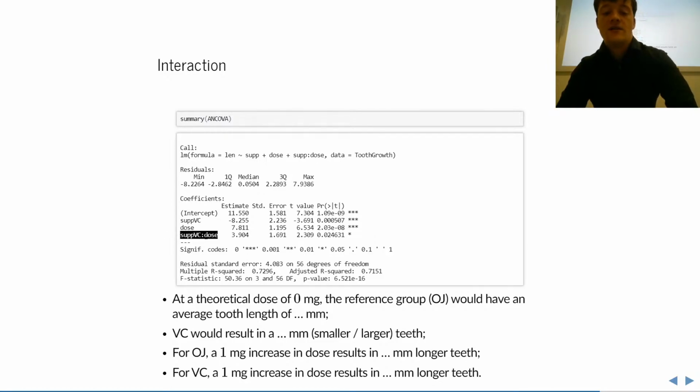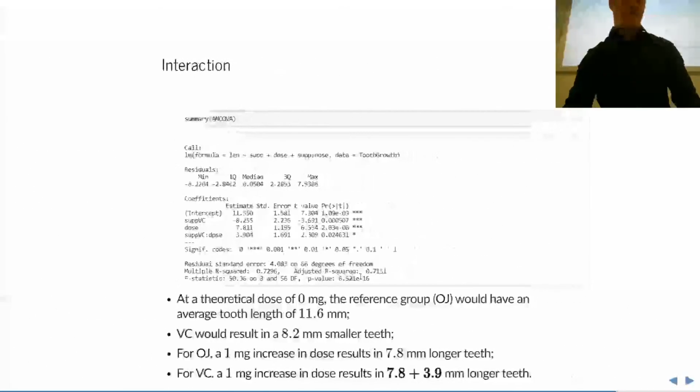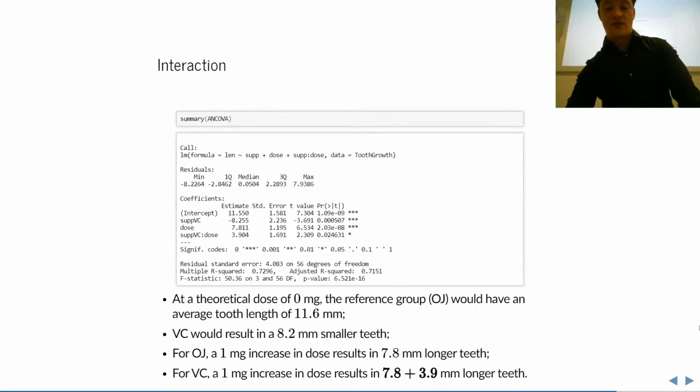So the slope for dosage, if you are in group vitamin C, is 3.9 higher than 7.8. In other words, the actual slope of vitamin C is 7.8 plus 3.9. That's how to read a table like this.